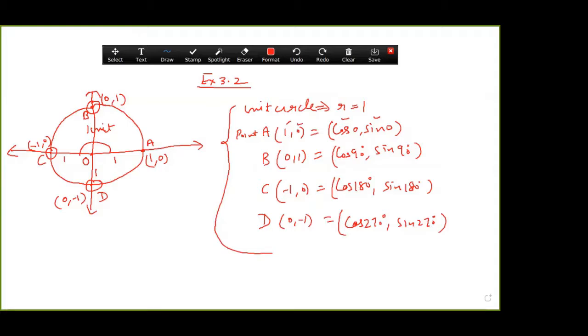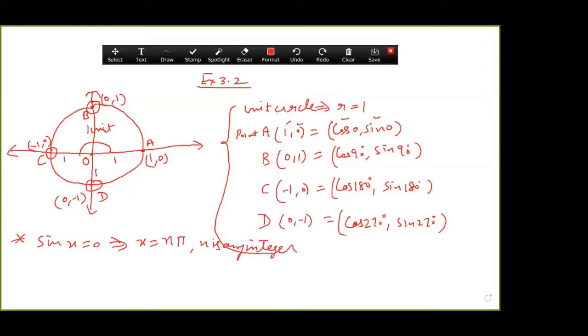If I want to know the general formula of the angle where sin x is 0, another important point: if sin x is 0, what this implies is that the value of x will always be equal to n multiple of pi, where n is any integer.